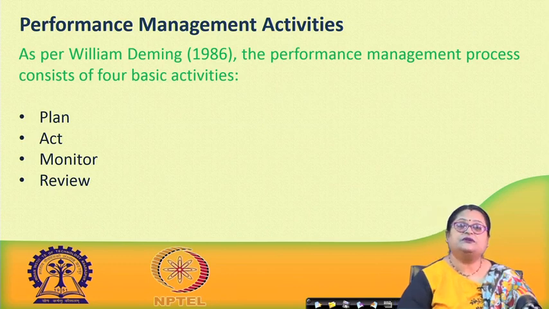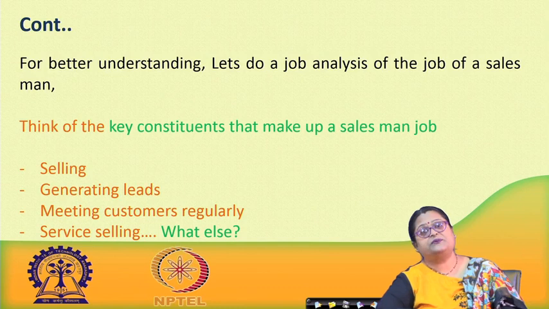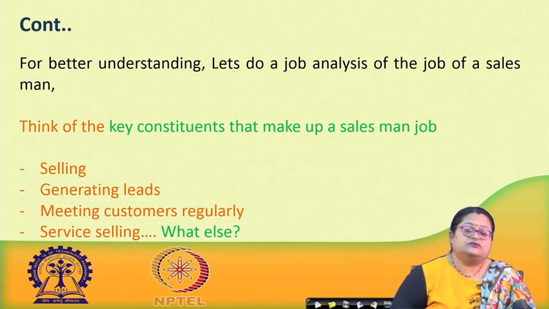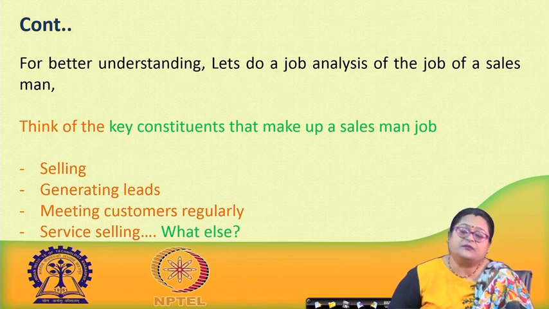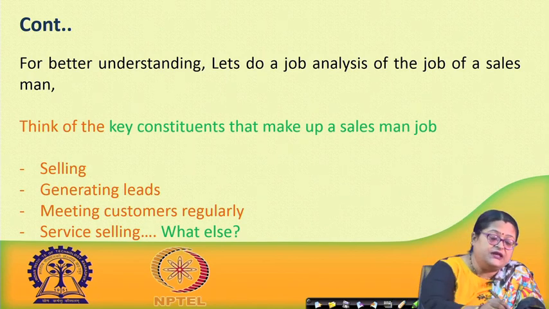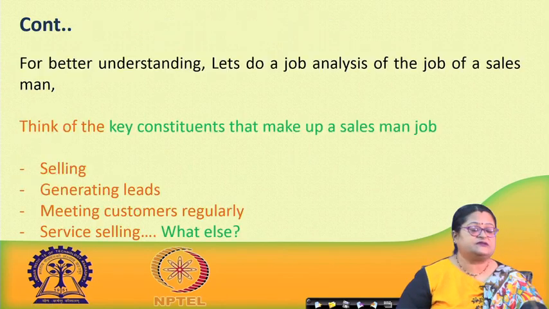And after we have done this job analysis, suppose we have taken up these components, there could be other components also. Now, we have to describe each of these components properly.